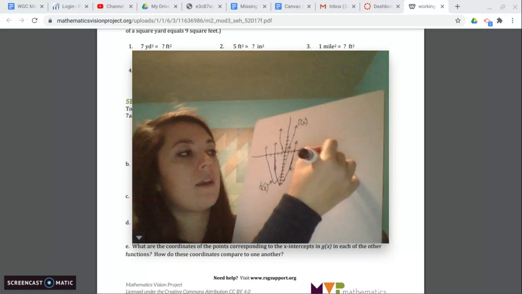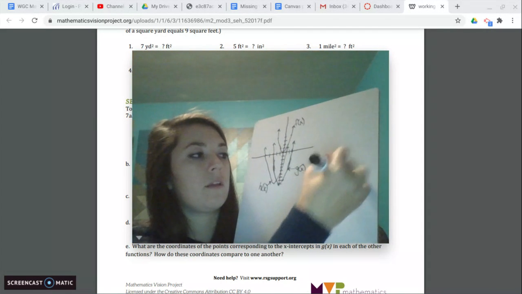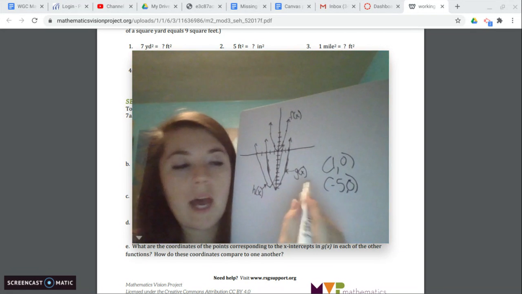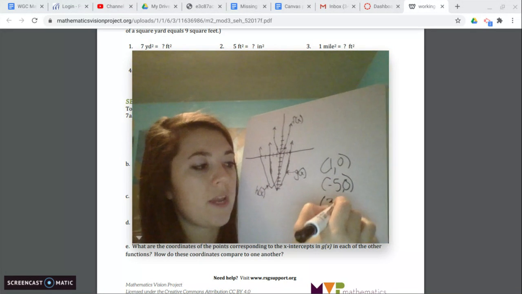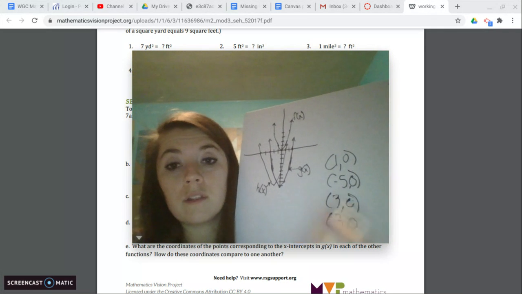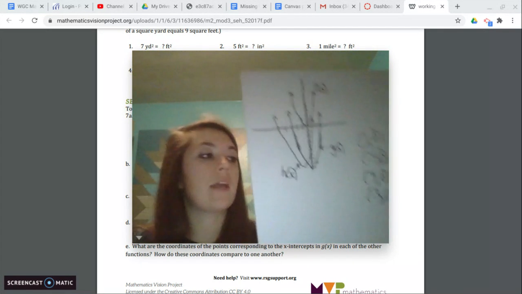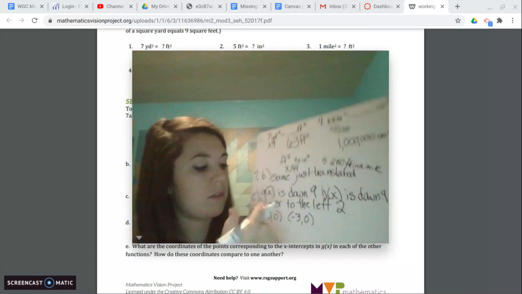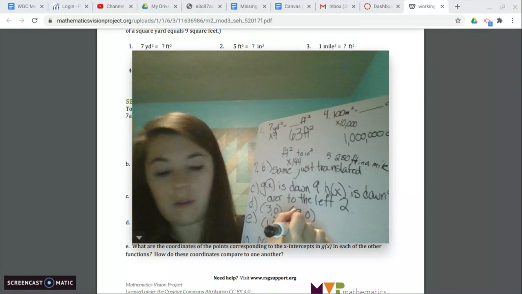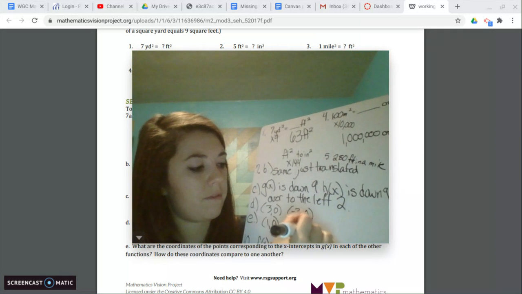So we've got 1 and -5 for x-intercepts. How does that compare to 3 and -3? Well, it's 2 less in each case, right? So 1, 0, -5, 0.